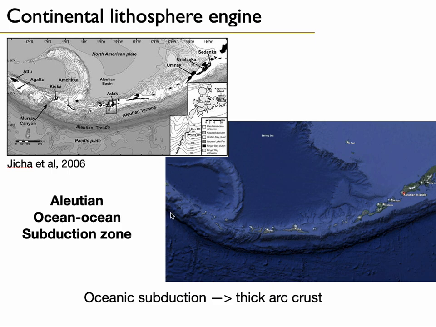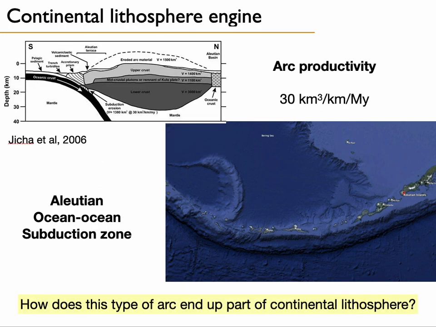So again, you see the trace here of the subduction zone, here the Aleutian Islands located in the arc, and in this region of the Earth, continental crust is being produced, and the arc productivity has been estimated, again, here in a different study, at about 30 cubic kilometers per kilometer per million years.